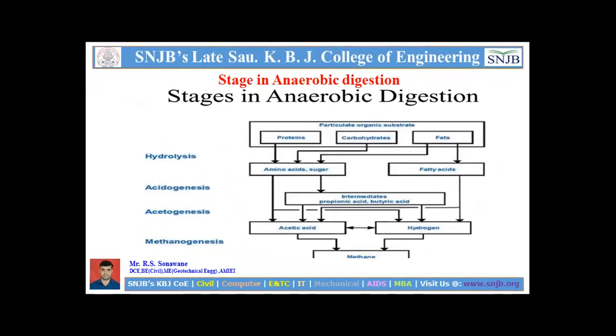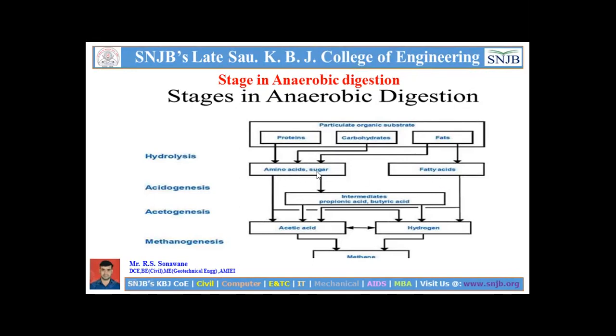So here are the stages of anaerobic digestion: hydrolysis, acidogenesis, and methanogenesis. You can see here the organic substrates: protein, carbohydrates, and fat. Proteins and carbohydrates break down into amino acids and sugars, and fats break down into fatty acids.